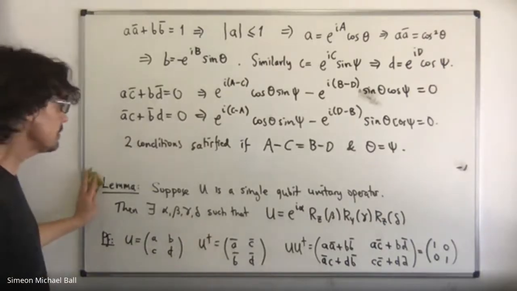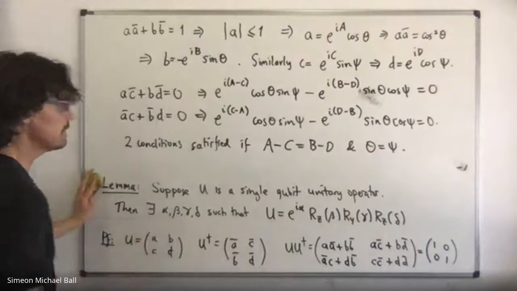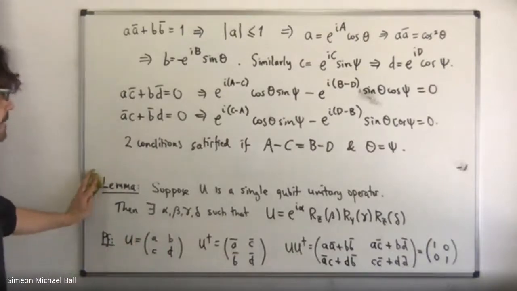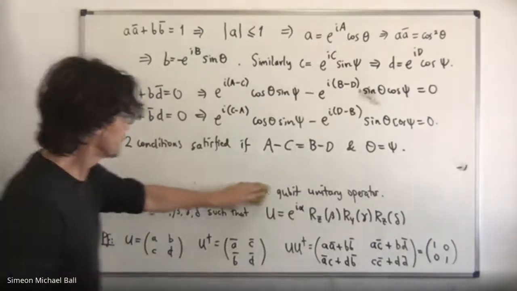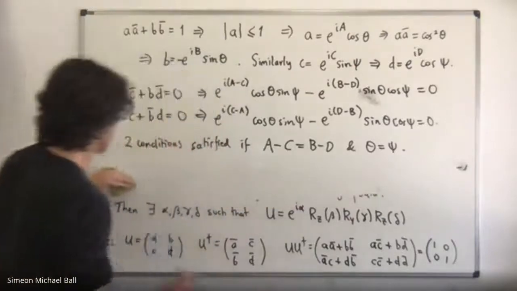So now I need to do a change of variables to see where the alpha, beta, gamma, delta come from. Let's just leave that up there for the moment so we see where we're going.